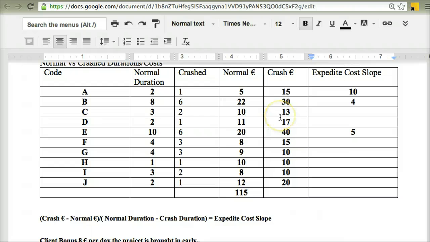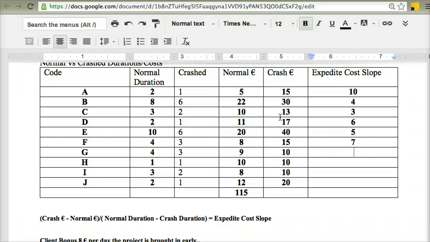The next one is 3 divided by 1, which is 3. Activity D is 6 divided by 1, which is 6. I've already done activity E. Activity F is 15 minus 8, which is 7. 7 divided by 1 is 7.